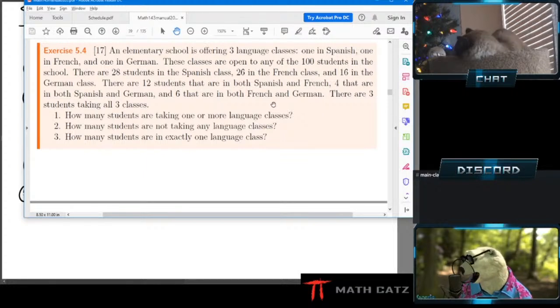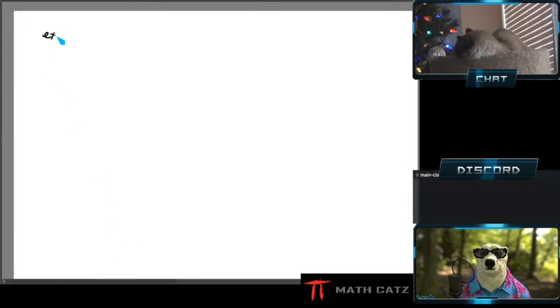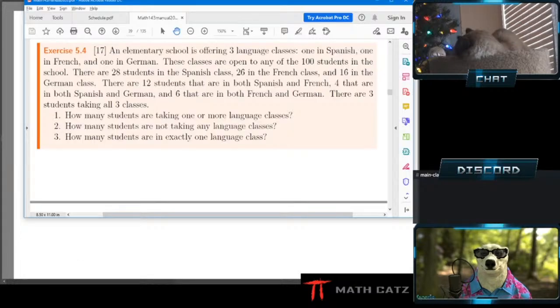Figure out what my sets will be. Hopefully, people have noticed, if nothing else, there are 3 languages in question. I'm going to need 3 sets. Let, I guess, what's the first language? Spanish.